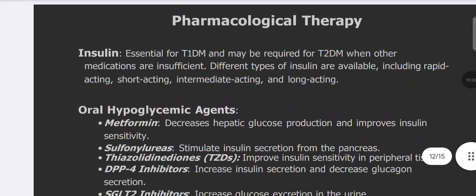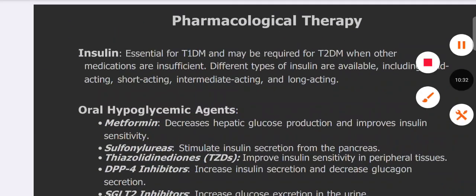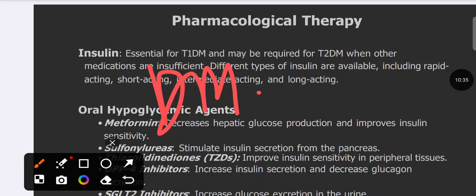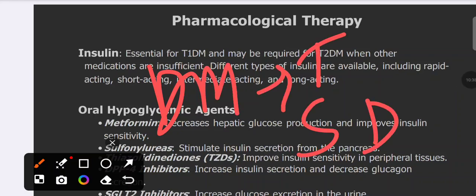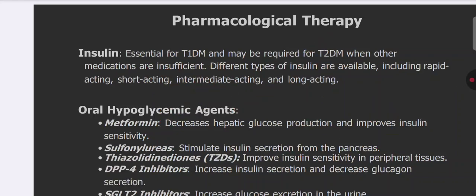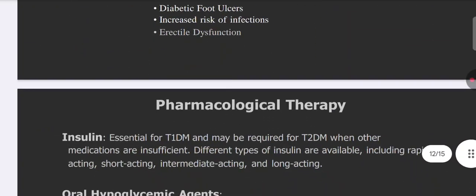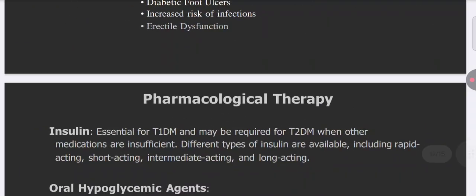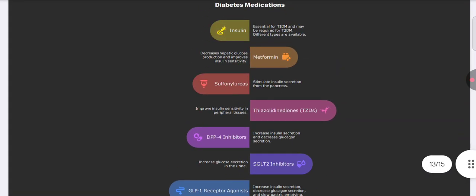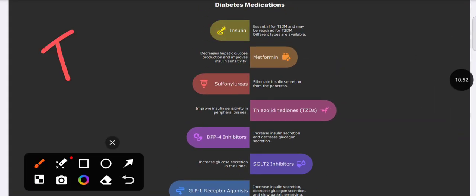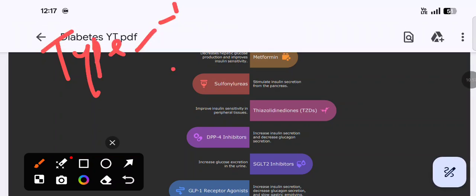Next, coming to pharmacological therapy: as we have seen diabetes mellitus, its types, its symptoms, its diagnosis, its complications, etc., now we'll see how to treat diabetes mellitus. If a person has type 1 diabetes mellitus, his body is not producing insulin, so insulin must be given to the patient.